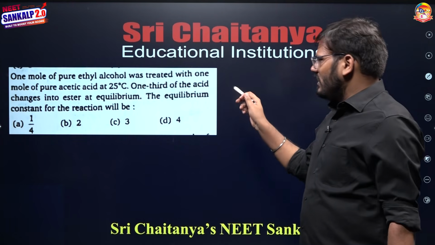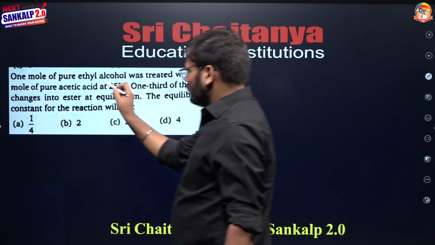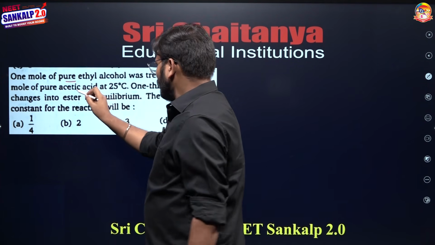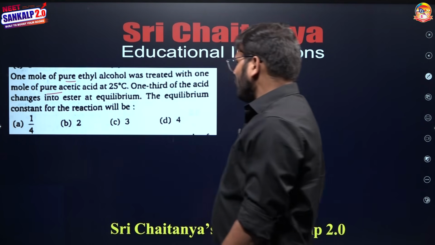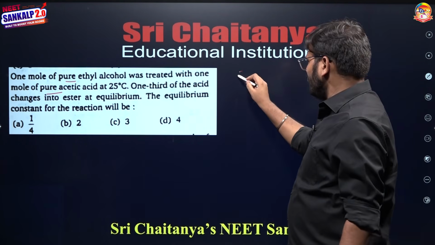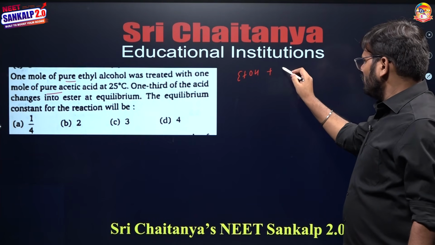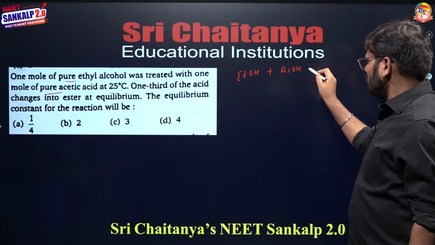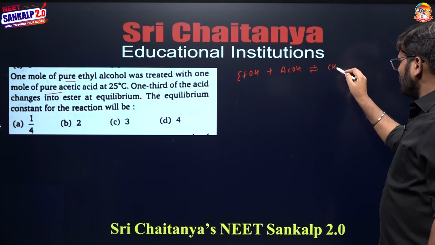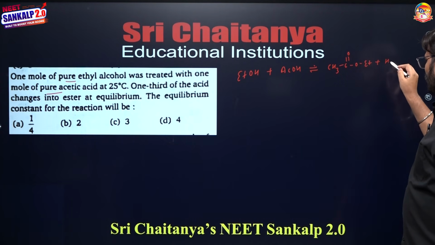If it is given 1 mole of ethyl alcohol was treated with 1 mole of pure acetic acid. So they have given pure, you have to see this thing, pure, then 1 mole of pure acetic acid, 1/3 of it is changed into the ester at equilibrium. So if I write ethyl alcohol, it is EtOH, and you are reacting it with AcOH, and you are forming ester, that is CH3COOEt, along with water.